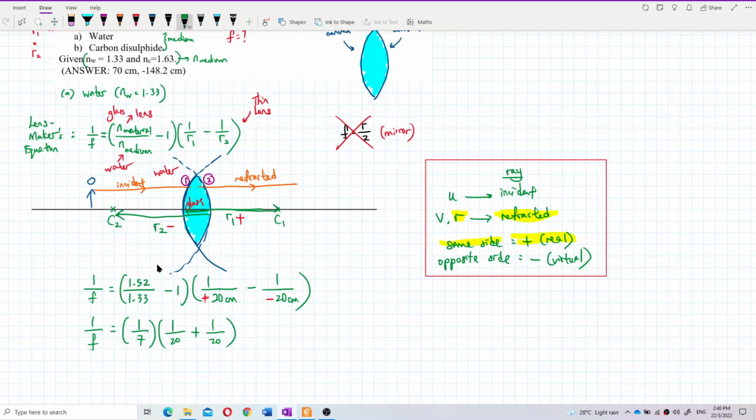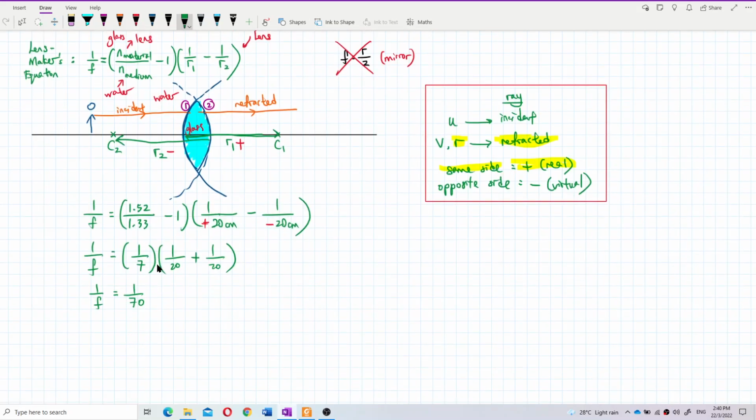So calculate 1 over f is equal to 1 over 20 plus 1 over 20, and then multiply by 1 over 7. Then this is 1 over 70.